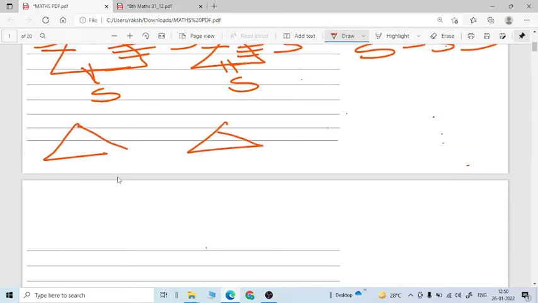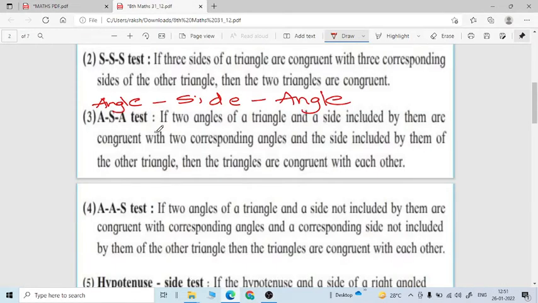Two triangles are there, correct? In that, angle same and this side is same. Two angles and one side. So angle side angle test.